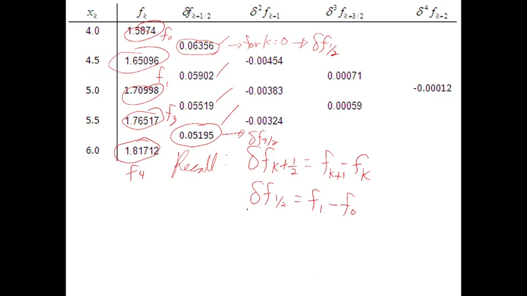In that case, the k value here is 3: 0, 1, 2, 3.